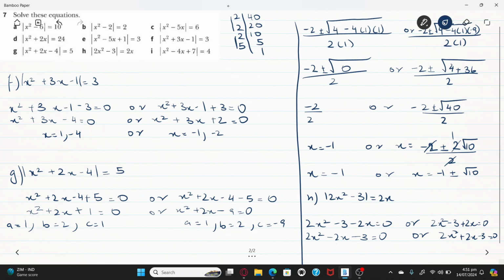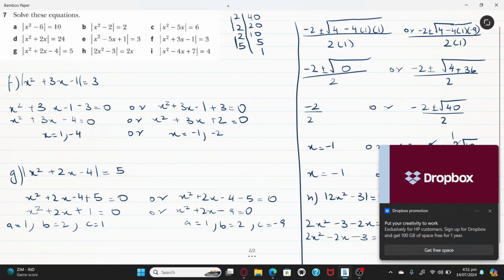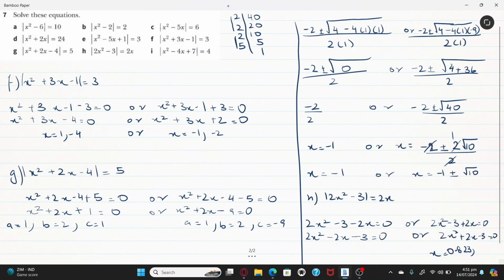So the answer for this one was actually x equals 0.823, and the other value is x equals, oh wait a second, 2x squared positive 2 minus 3. Yes.